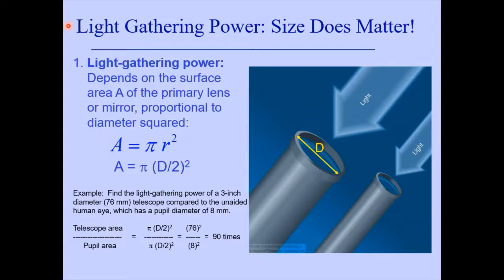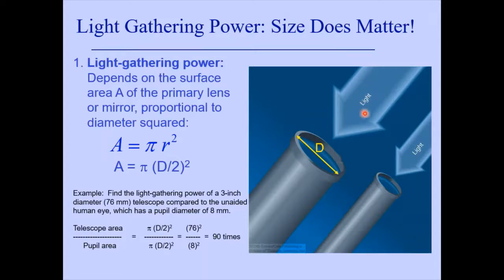The first and most important power of the telescope is actually the light gathering power. And here is an example where size does matter. The larger the telescope is, the more light it can collect. So if you think of a telescope like a bucket that collects rain in a rainstorm, the bigger the bucket, obviously the more water we're going to be able to collect.